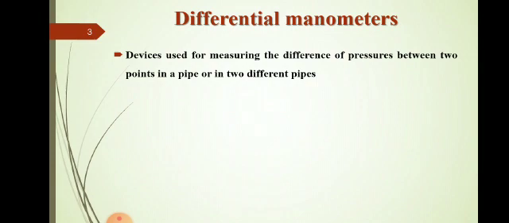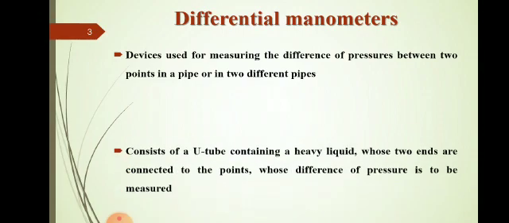Differential manometers are devices used for measuring the difference of pressure between 2 points in a pipe or two different pipes. So as the name indicates, differential manometers find out the difference in pressure between 2 points of the same pipeline or 2 points in two different pipes.